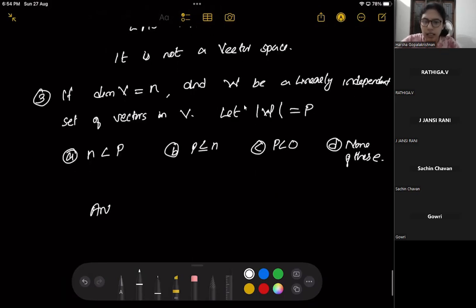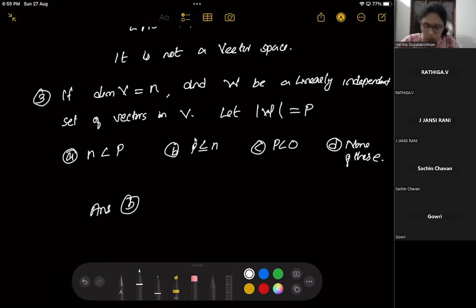The reasoning is that W is a linearly independent subset. Dimension of V equal to n means the number of elements in the basis of V is n. Any basis is a linearly independent set, and in fact a basis is the maximum linearly independent set. So any linearly independent set will have no more elements than the basis.